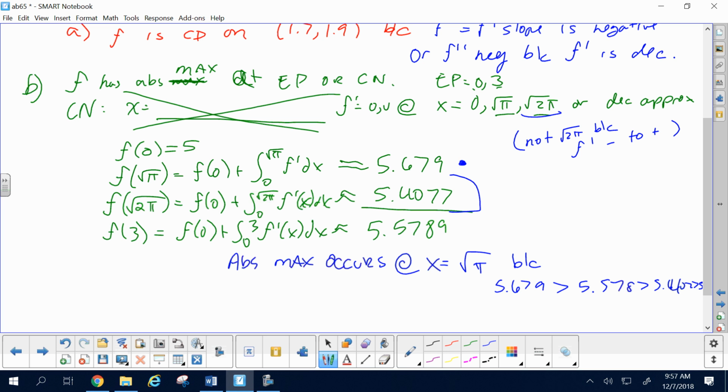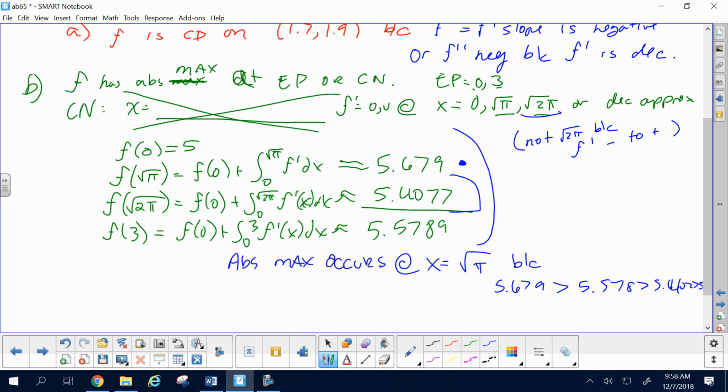With me? Your points are 3. Did you identify the endpoints and the critical numbers correctly? That's 1 point. Did you show the work to find the f values, the fundamental theorem work behind it?